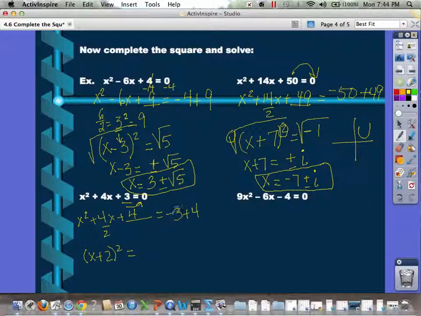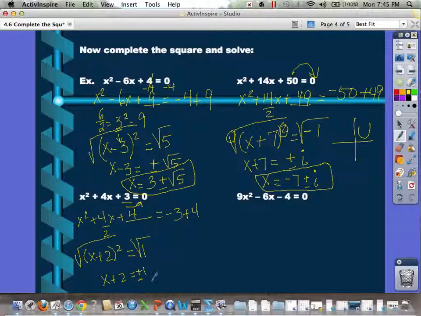Equals. All right, what's negative 3 plus 4? That's just 1. So then take the square root of both sides. And you're going to get x plus 2 equals the square root of 1. Don't get fooled. What's the square root of 1? Well, that's just 1. Okay, that's plus or minus 1. All right, so then subtract 2 from both sides.